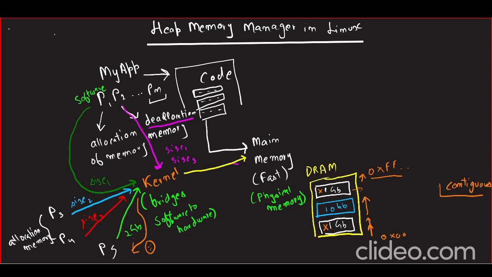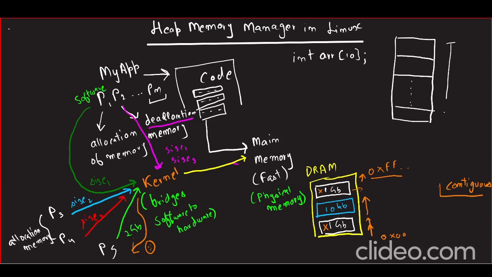Now let's say you have this int array 10. What this will do is first of all allocate some memory blocks, 10 memory blocks.